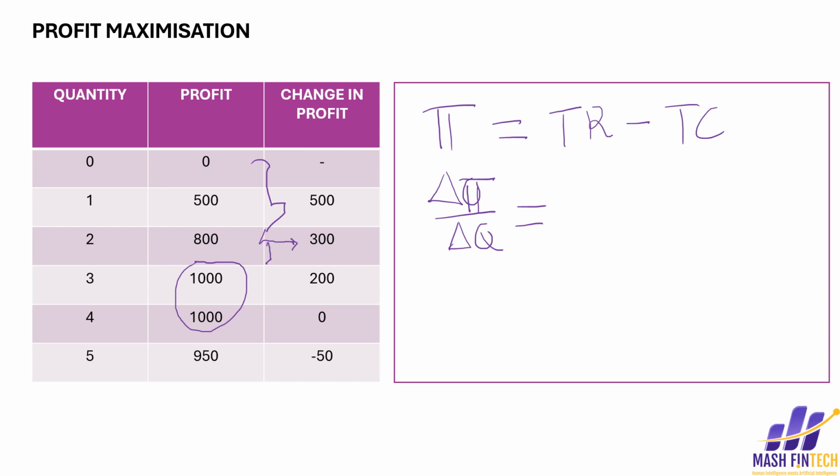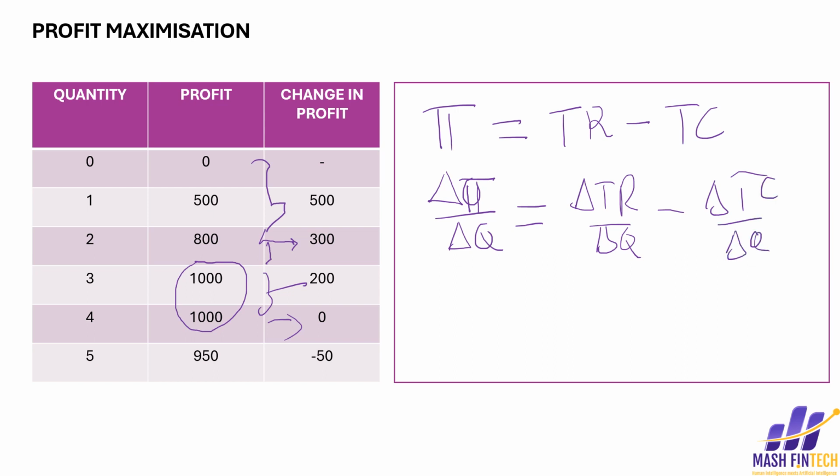From 800 to 1,000, the change is 200. And from 1,000 to 1,000, the change is 0, which is where we got our maximum profit. So if we take the change in profit, what we do on the left, we do it on the right, minus the change in total cost over the change in quantity, right?